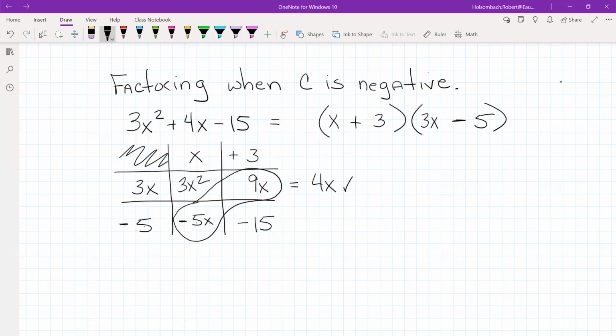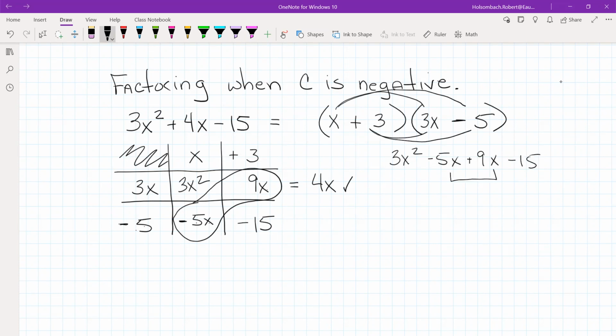The other thing that you have to be sure of when you're done is that your factors multiply to the question asked. You got to make sure that your x times 3x is 3x squared, and that your x times -5 is -5x, that 3 times 3x is positive 9x, and that 3 times -5 is -15.